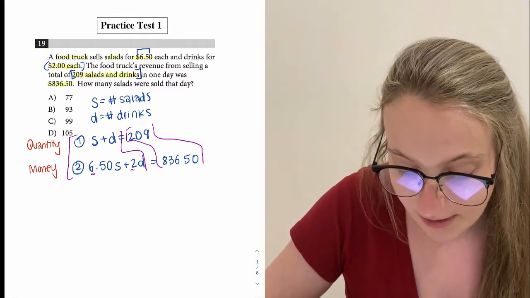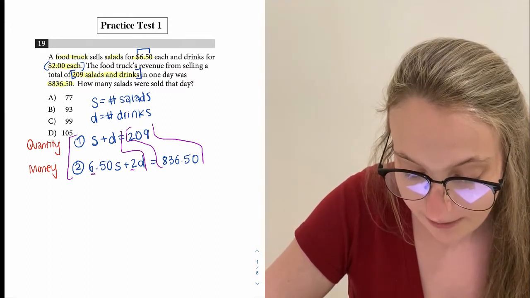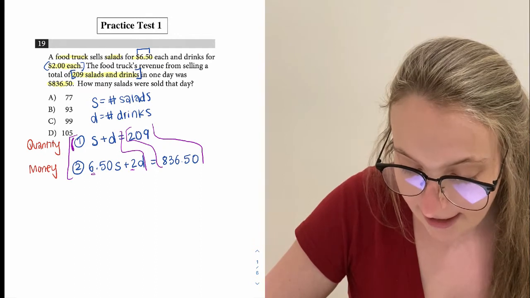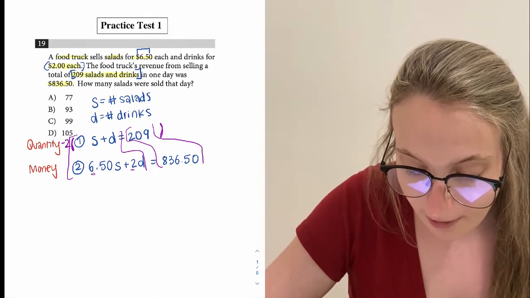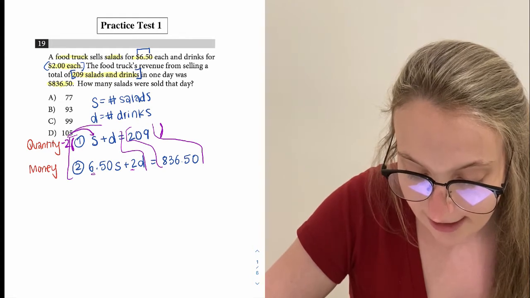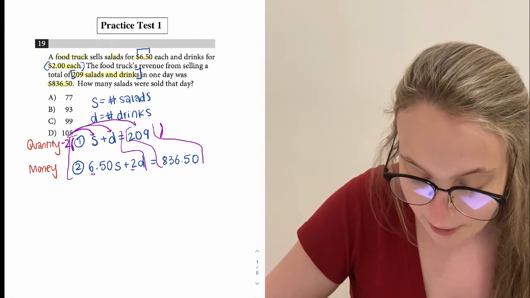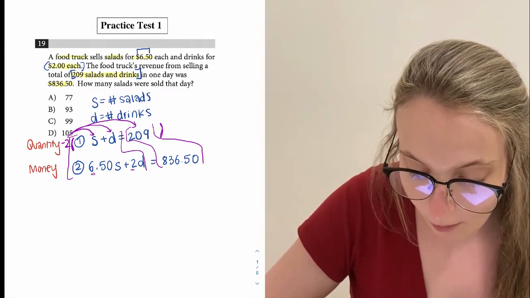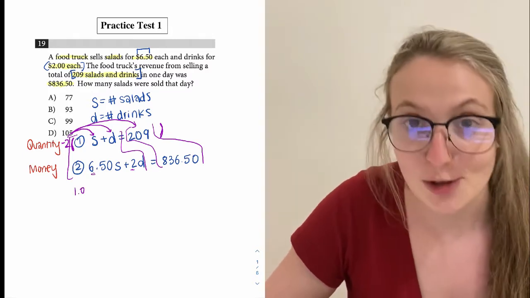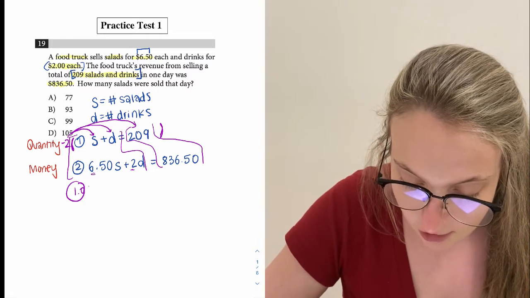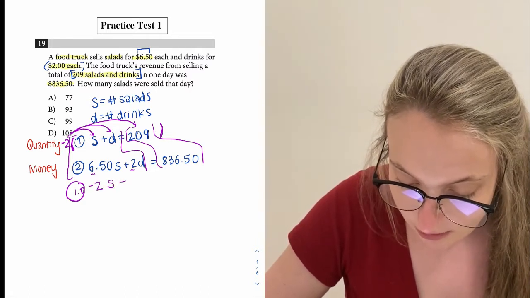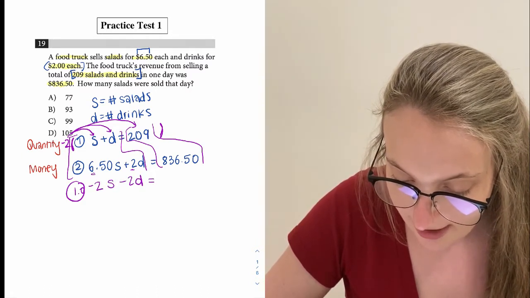So let's multiply the top equation here by -2 so we can cancel out the number of drinks, D. So we're going to multiply each of the terms inside here by -2. So the top equation then, so I'm going to write 1.0, so we know it's the first equation revamped, becomes -2s minus 2d is equal to -418.